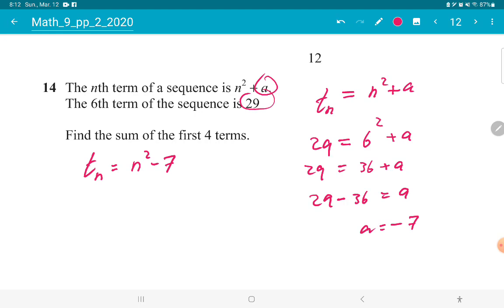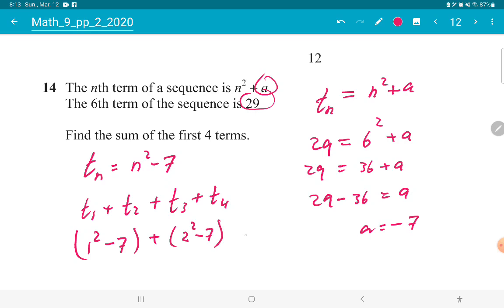Now substitute for the first 4. We need t1 plus t2 plus t3 plus t4. t1 will be 1 squared minus 7, plus t2 will be 2 squared minus 7, plus t3 will be 3 squared minus 7, and t4 will be 4 squared minus 7.